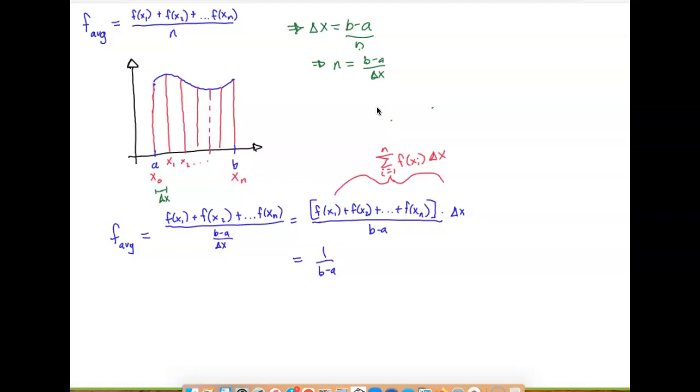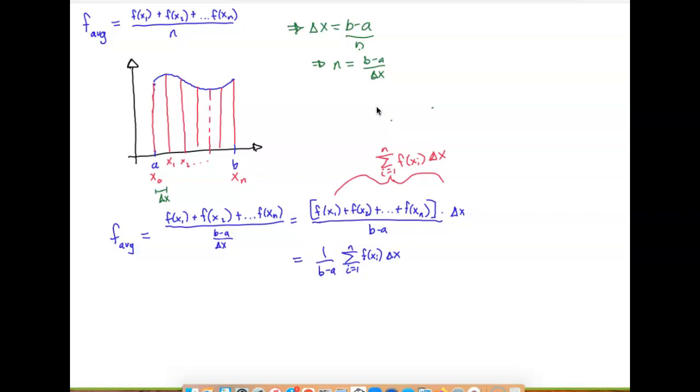All right, so sigma from i equals 1 to n of f of xi delta x. So there's how I find the average y value of a function over a finite interval, or a finite number of subdivisions, I should say.